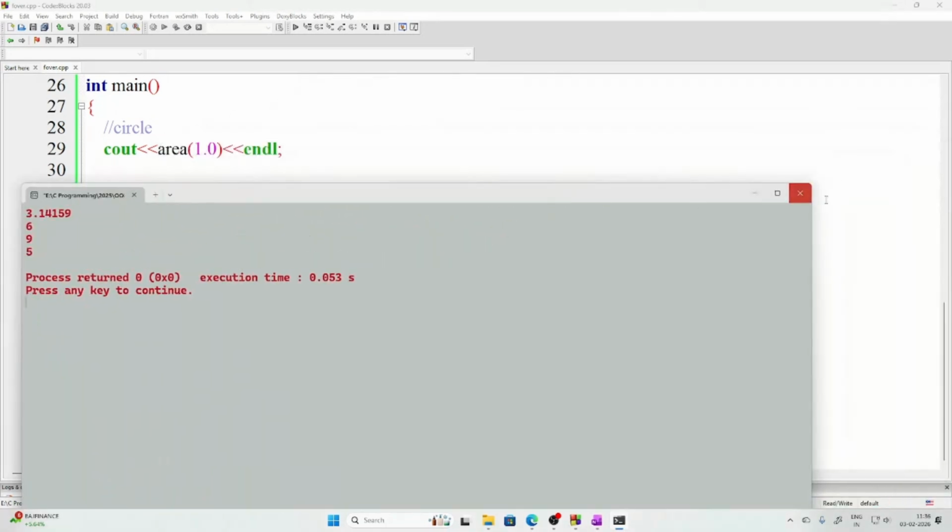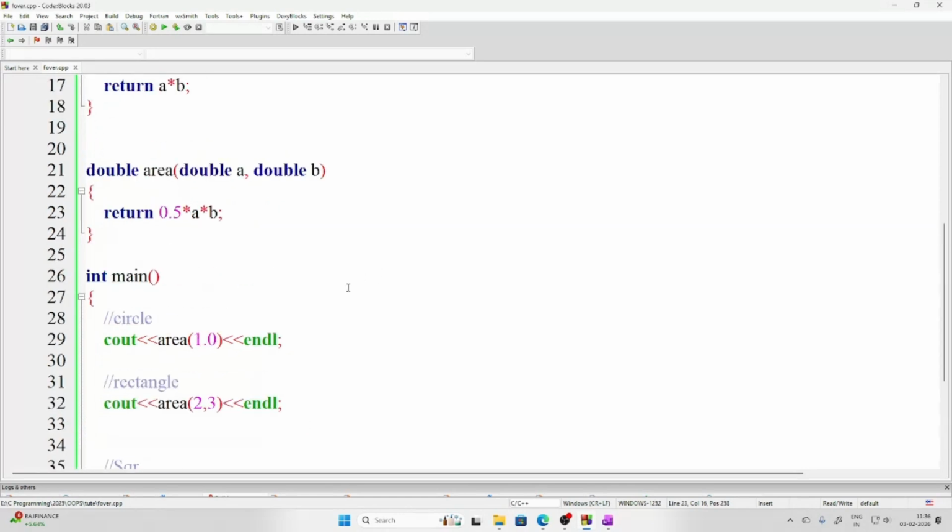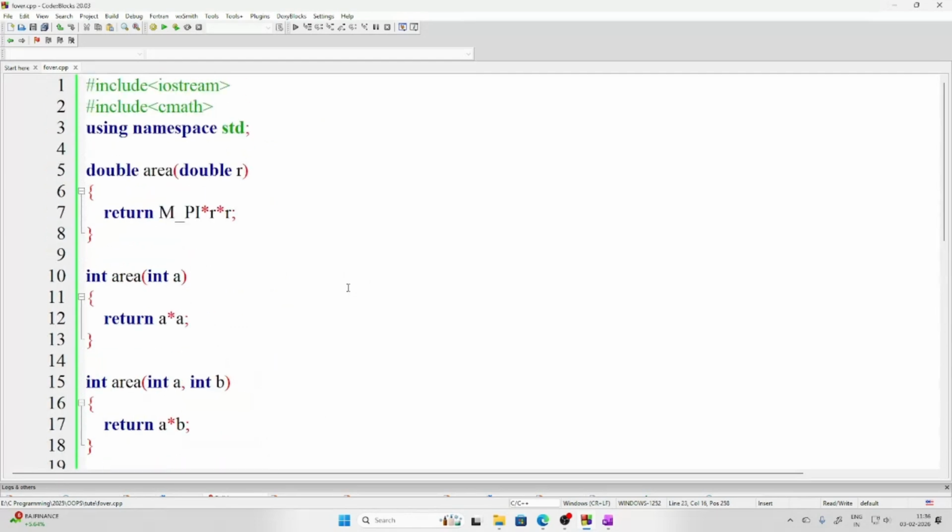So in this way, friends, you can write your functions which are overloaded, having the same name but with different arguments or different data types for the arguments. Now one can argue, this is double, why are you not making it double? Yes, I can make it double, but this and this will then conflict.